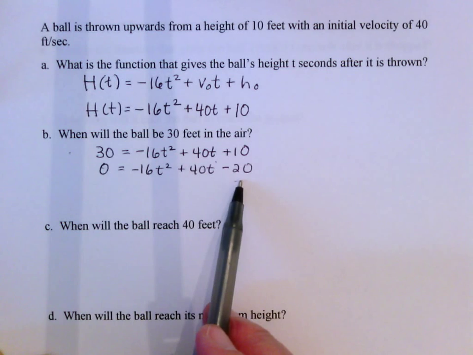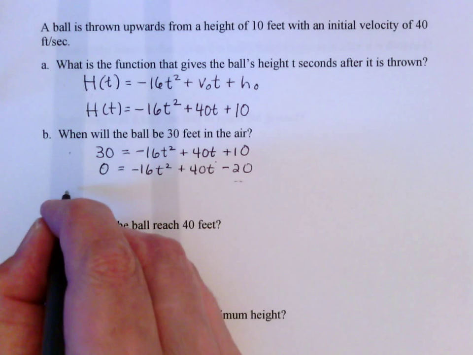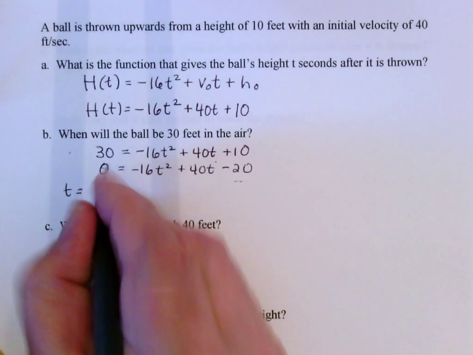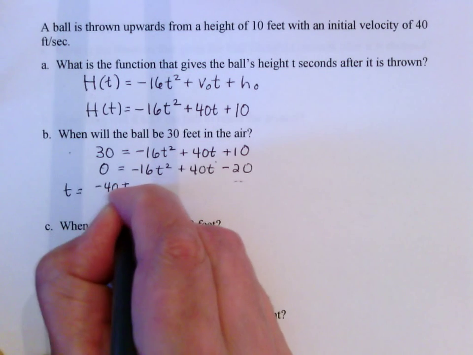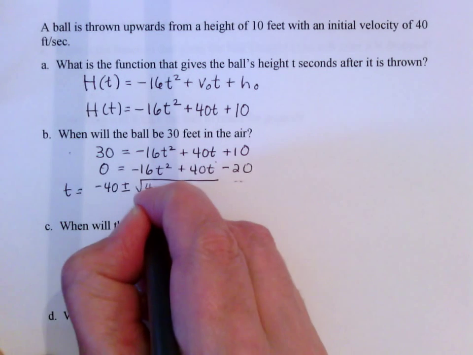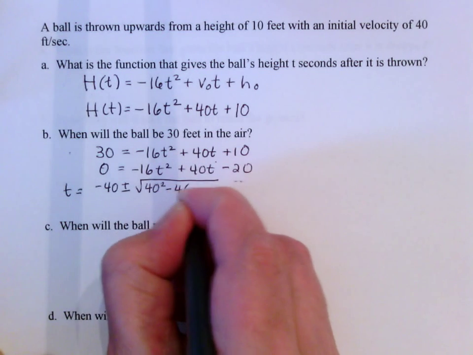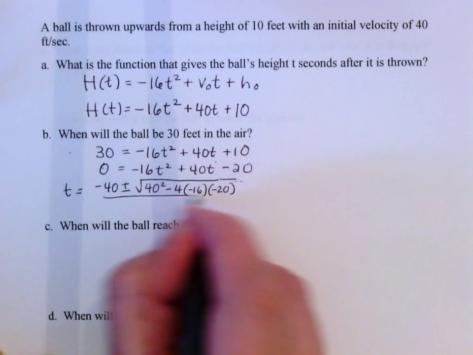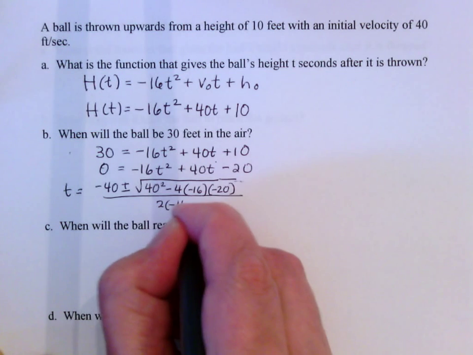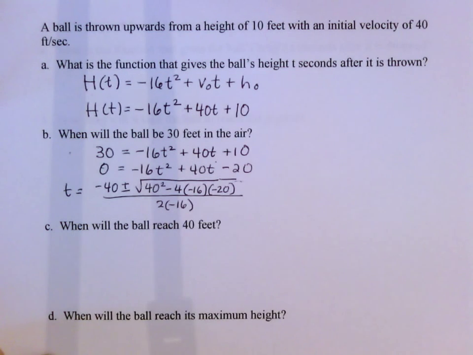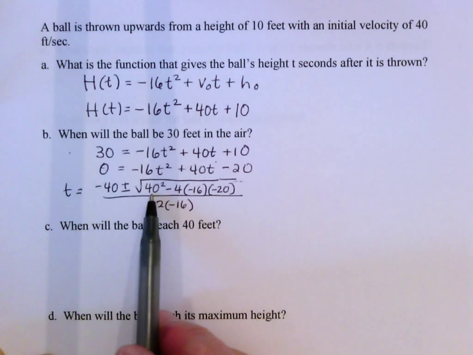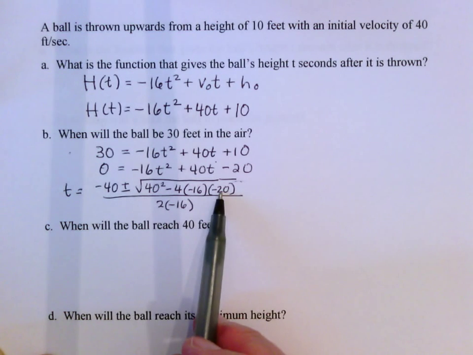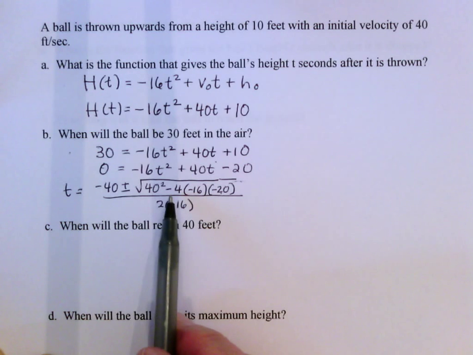And that's going to give me minus 20 for the constant term. Now this thing is probably not going to factor so nicely, so I'm going to go straight to the quadratic formula. So t is equal to negative b plus or minus the square root of b squared minus 4ac, all over 2 times negative 16. Now when you're simplifying the portion under the radical, notice that we've got 3 negative signs here. So it's going to end up being a subtraction.